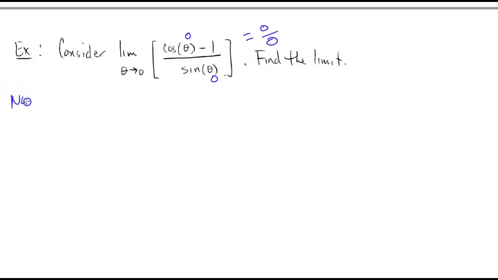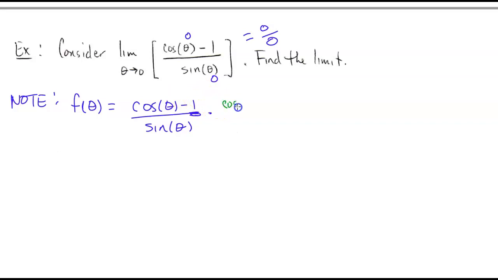Okay. So we'll come here and say note, we'll let f of theta be cosine theta minus 1 over sine theta. And what we want to do here is multiply the numerator and denominator by cosine of theta plus 1.